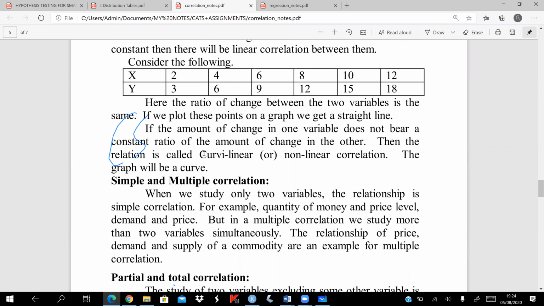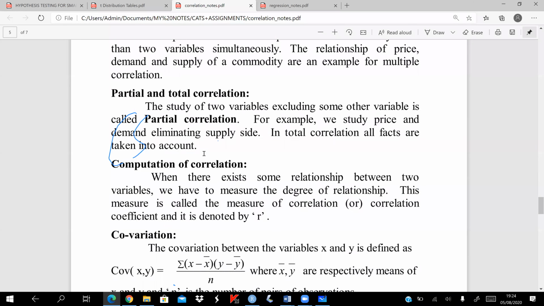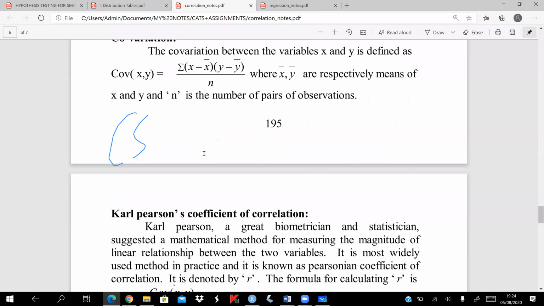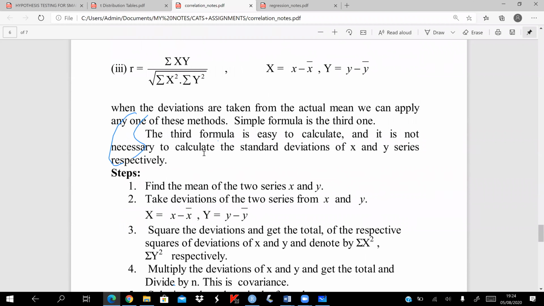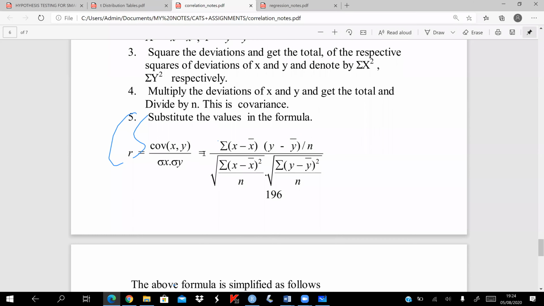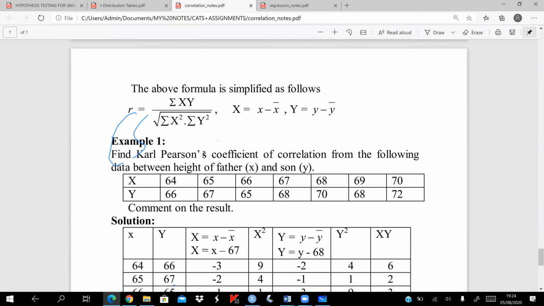So let's pick this one. Which one? So let's work with this data. So let me transfer this information to the other side.